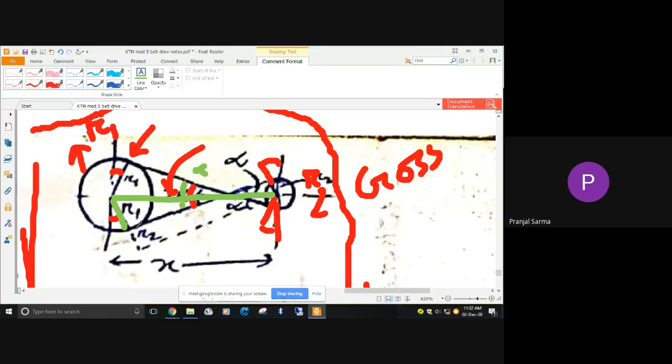If you extend a line here, and from here draw a line parallel to this particular belt, then it becomes a triangle. From the geometry this angle will be alpha, this side is r1, and this extended portion will be the same as this radius, because it is parallel to this line.